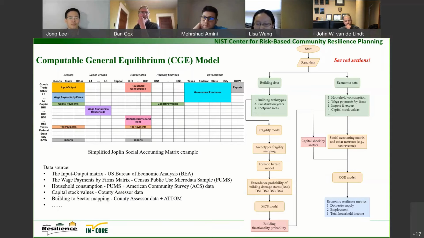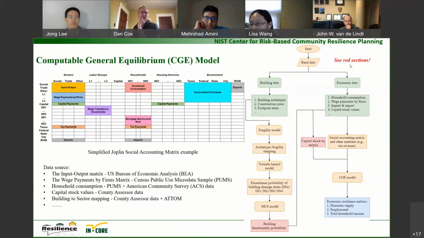For example, the input-output matrix was derived from the US Bureau of Economic Analysis data, and the household consumption matrix was determined from the POPs data and the American Community Survey data, ACS data. Both the capital stock values and the building-to-sector mapping can be determined by county or census data. And some users might even want to buy the Infogroup data as well.